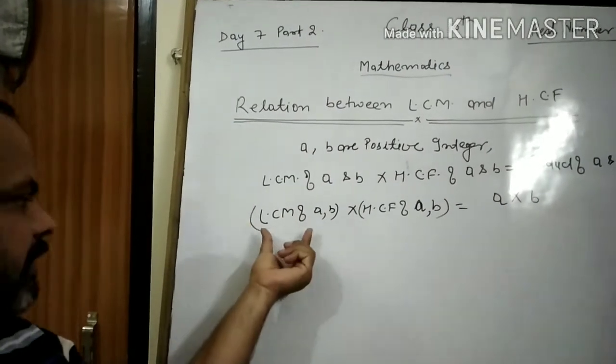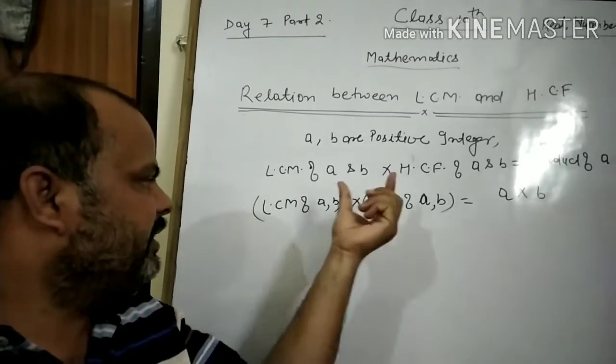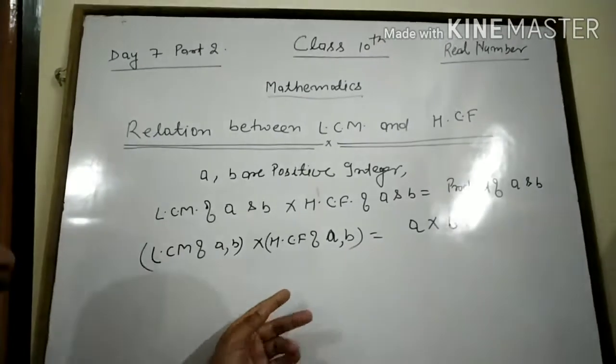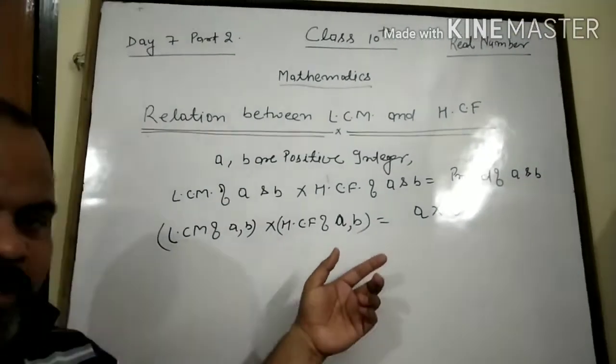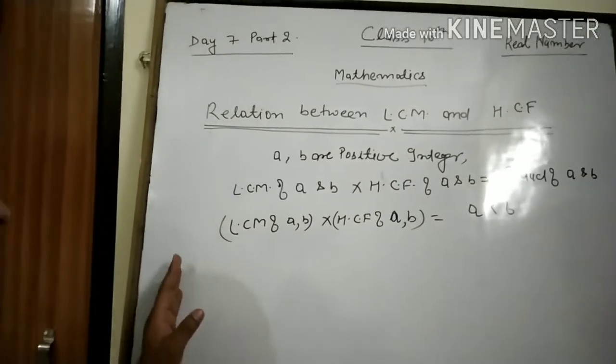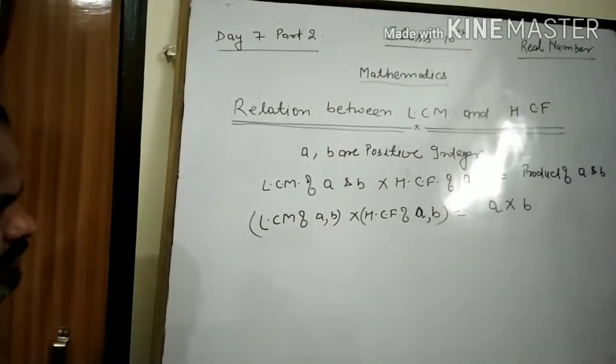Clear? One is the LCM of A, B, HCF of A, B, A and B. In these four, three are known and one is unknown. By this way you can find any one which can be asked in the question.